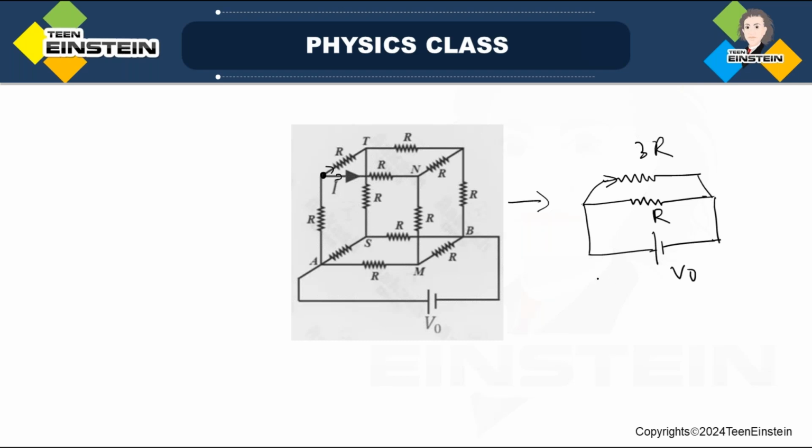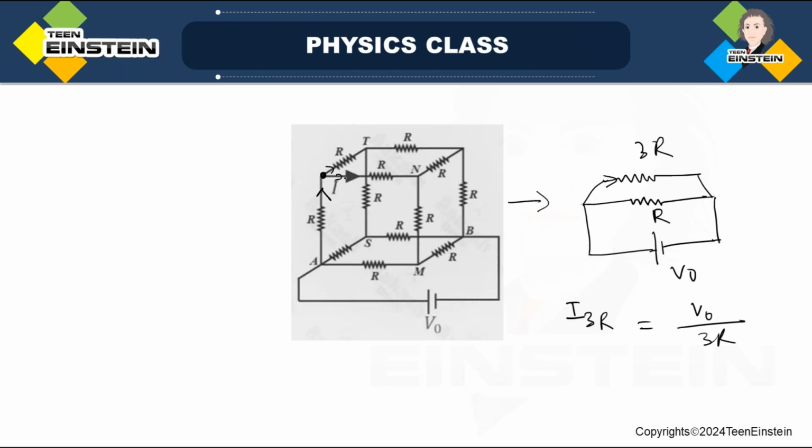Let us find the current through this 3R. The equivalent resistance we know, so this is 3R, and I have to find the current only through this R. First of all, let us find I3R. I know the voltage V0 divided by 3R, so this is the current in this 3R. But there are two equal branches, so I'll get the current in this whole branch.